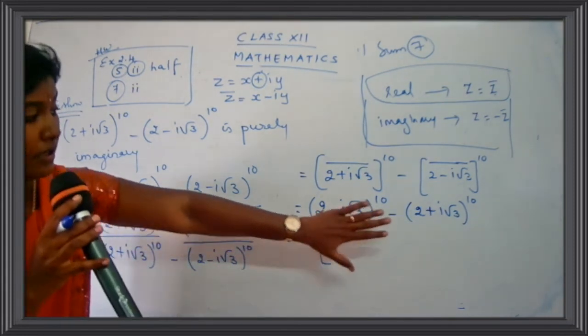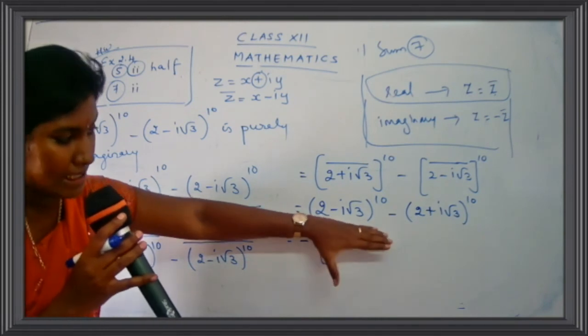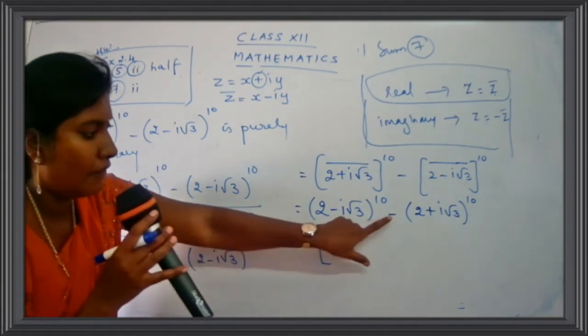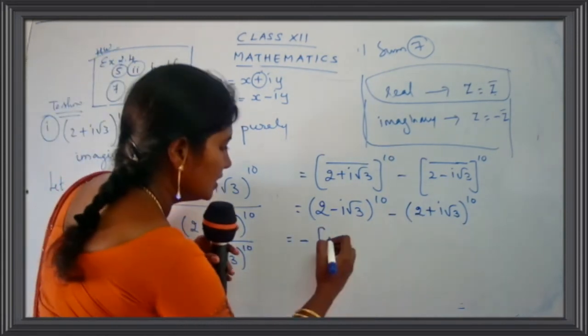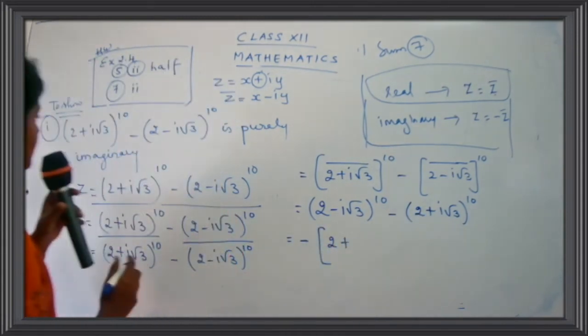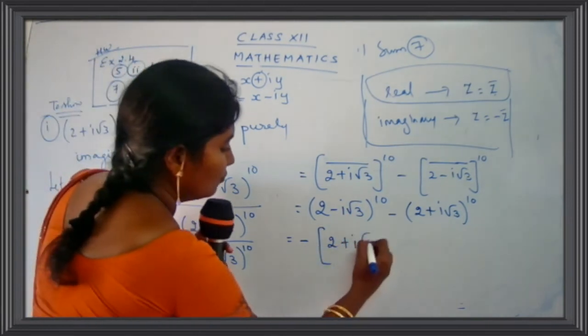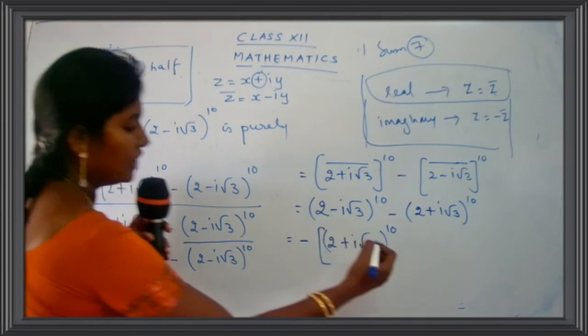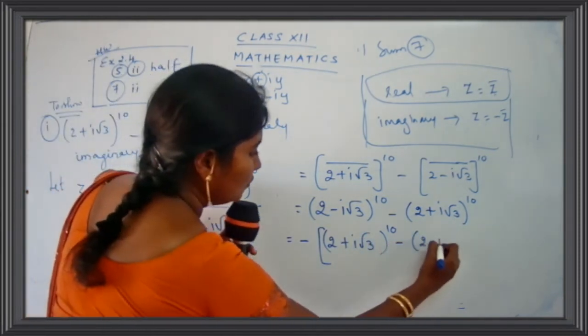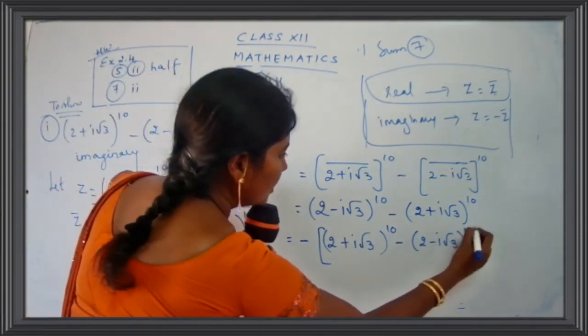This step will give us the answer. So we take the minus sign common. So what you get here? (2 + i√3)^10, the plus will change to minus, (2 − i√3)^10.